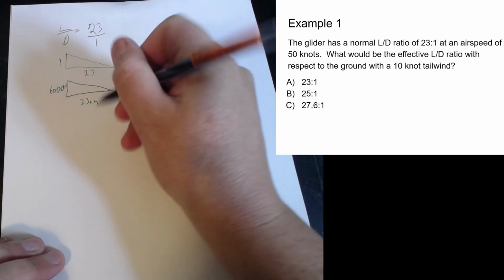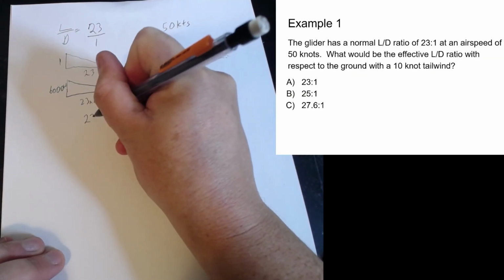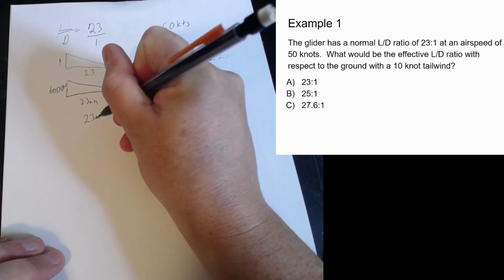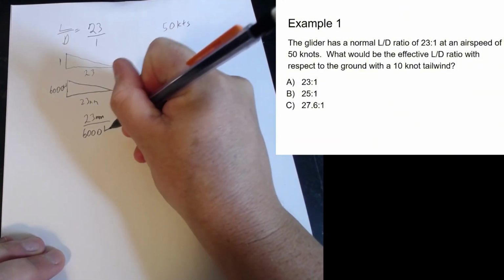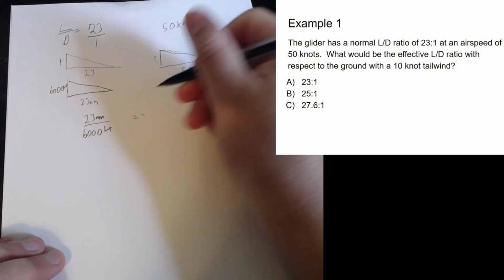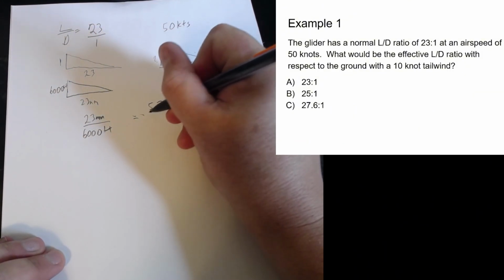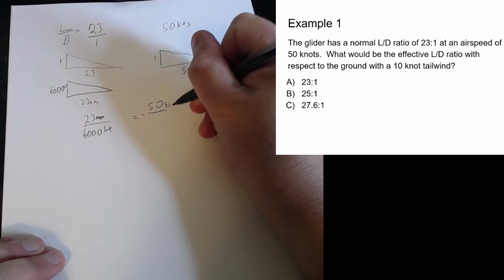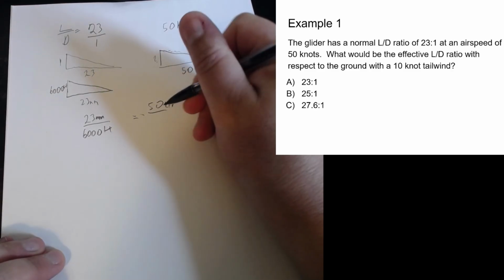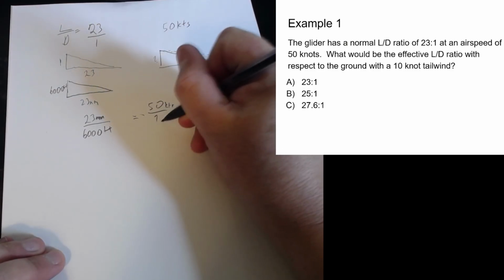So L over D, 23 nautical miles over 6,000 feet is equal to 50 over, and this is 50 knots, nautical miles per hour, over question mark.